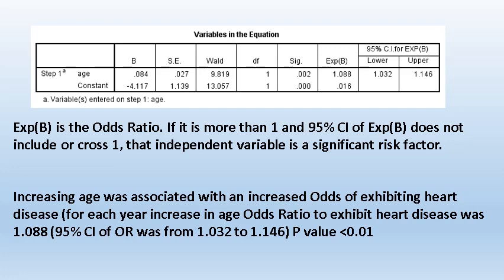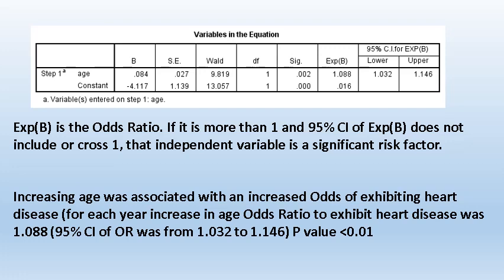Now we can look at the variables in the equation. This is the main result of the logistic regression, simple binomial logistic regression. For age, it is showing exponential b and a 95% confidence interval of exponential b. Exponential b is the odds ratio.